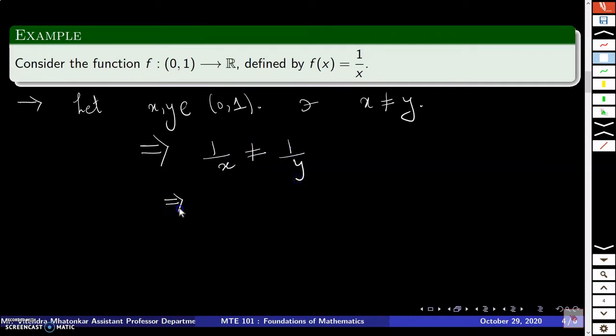So 1 by x, that is f of x, is not equal to 1 by y, which is f of y. So if I pick up two different points in the domain of this function, then their images are different, and therefore we can conclude that this function f is a 1-1 function. Clear?